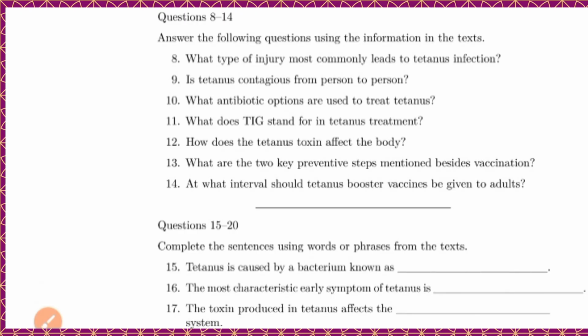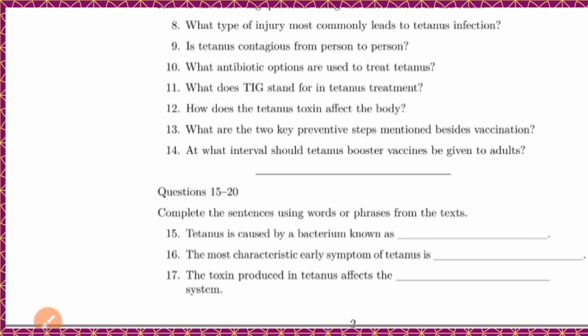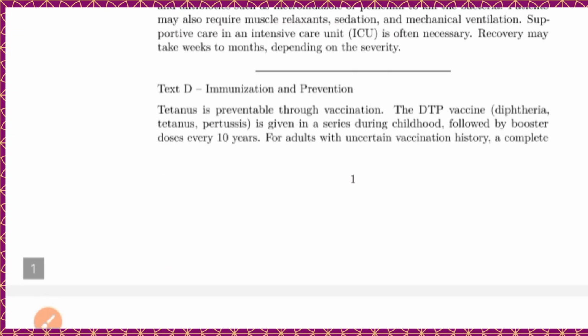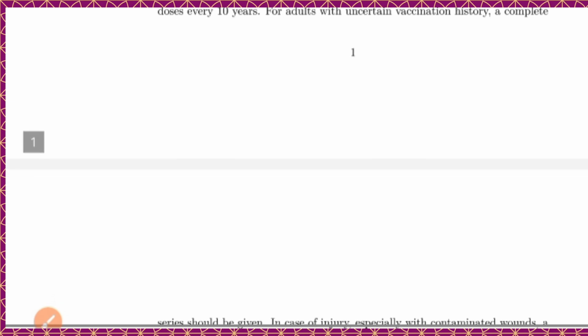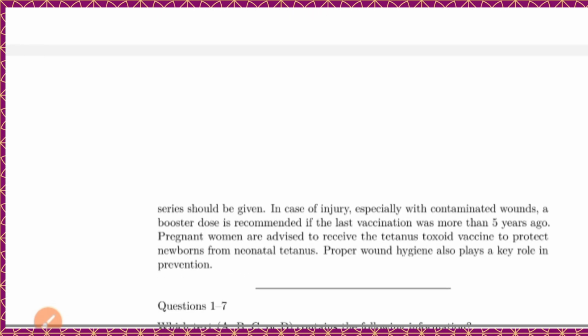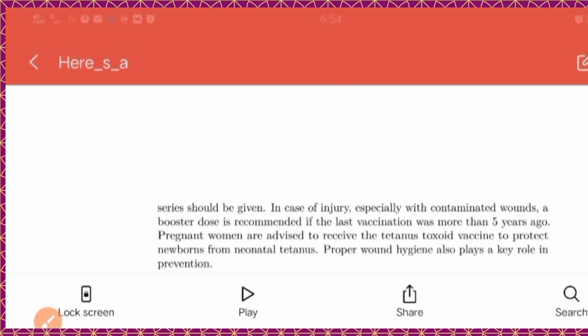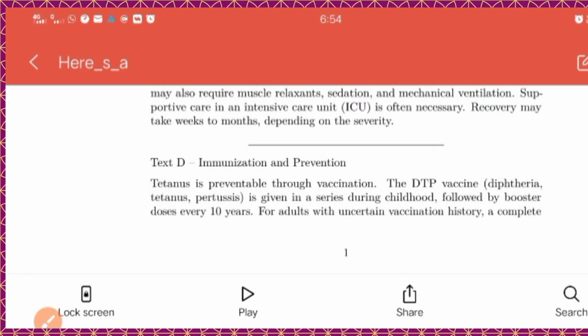We directly go to the vaccination part, which is given in text number D. So besides the vaccine, what other preventive measures do we have to take for tetanus? Here it's not mentioned, see friends: vaccination, the T series and booster are not mentioned here.